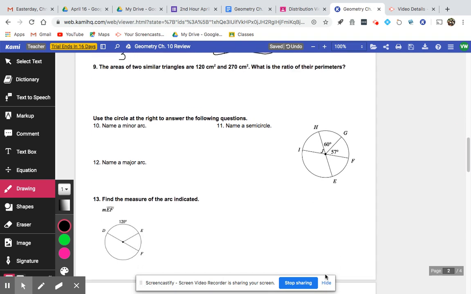The areas of two similar triangles are 120 centimeters and 270 centimeters squared. What is the ratio of their perimeters? So area ratio. Here it's similar to the last problem, just a little bit different. So 120 over 270. I want to simplify to an area ratio of 4 to 9.